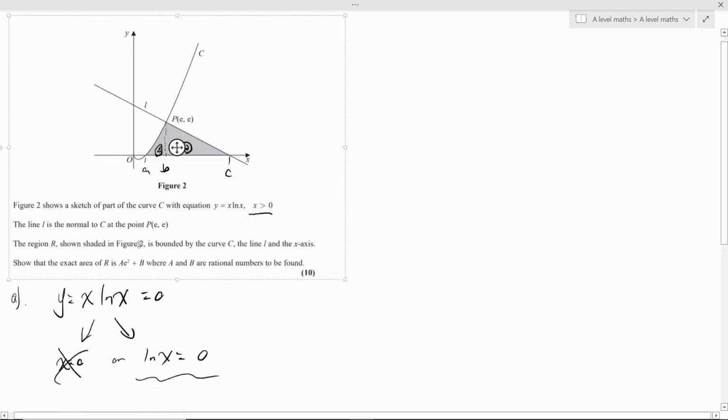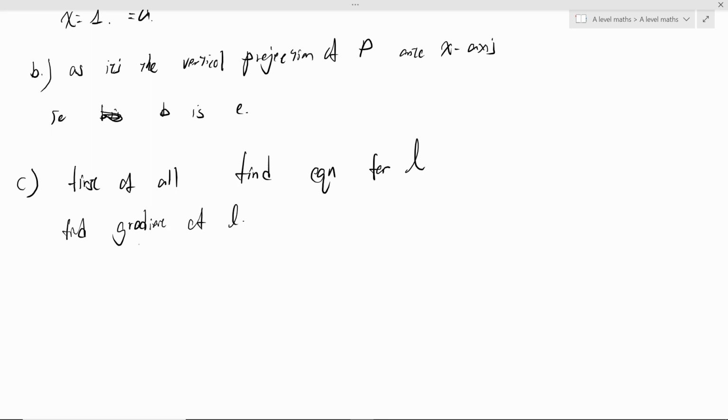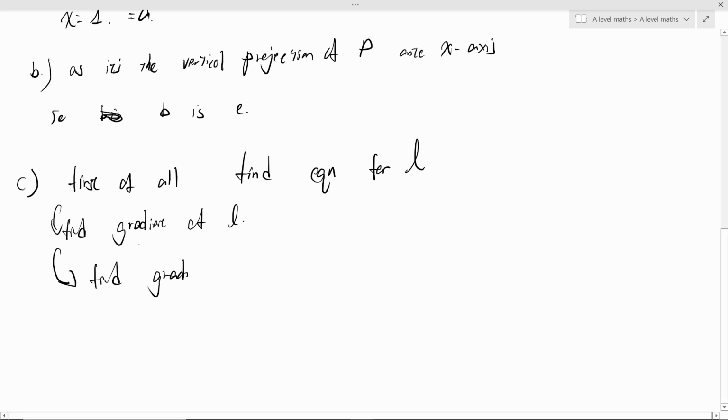And to find the normal of a curve, we need to find the gradient of L. We know that the gradient of a normal line times the gradient of a tangent line is -1 always. So now we shall find the gradient of curve C at P (e, e).